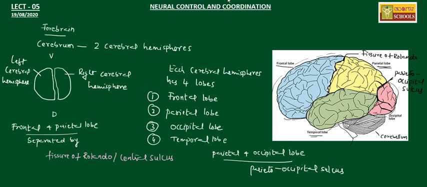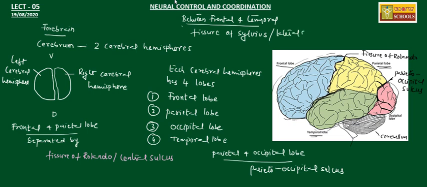You can see here there is a fissure between frontal and temporal lobe. Between frontal and temporal, it is separated by the fissure of Sylvius, also called the lateral cerebral sulcus.